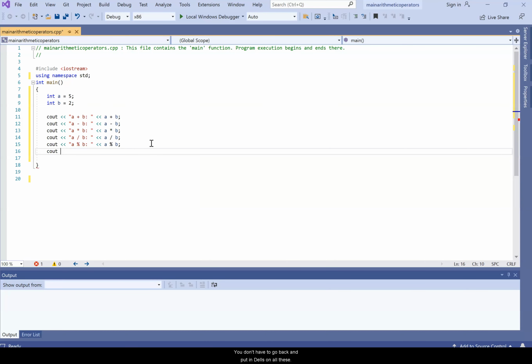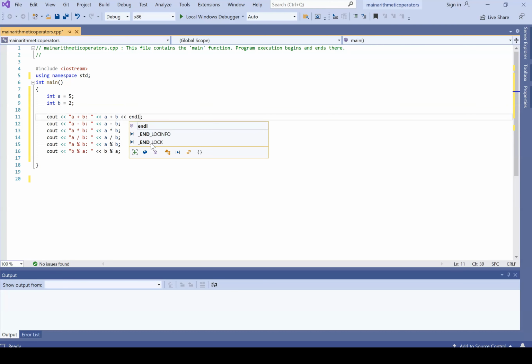Shoot, I'm going to have to go back and put endls on all of these. b modulus a, b modulus a. Yeah, I'm going to have to go up there and copy and paste that.